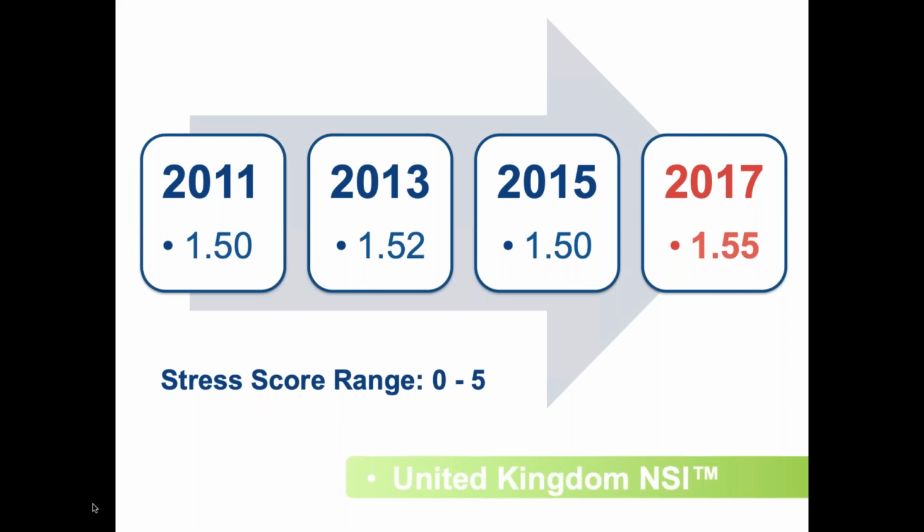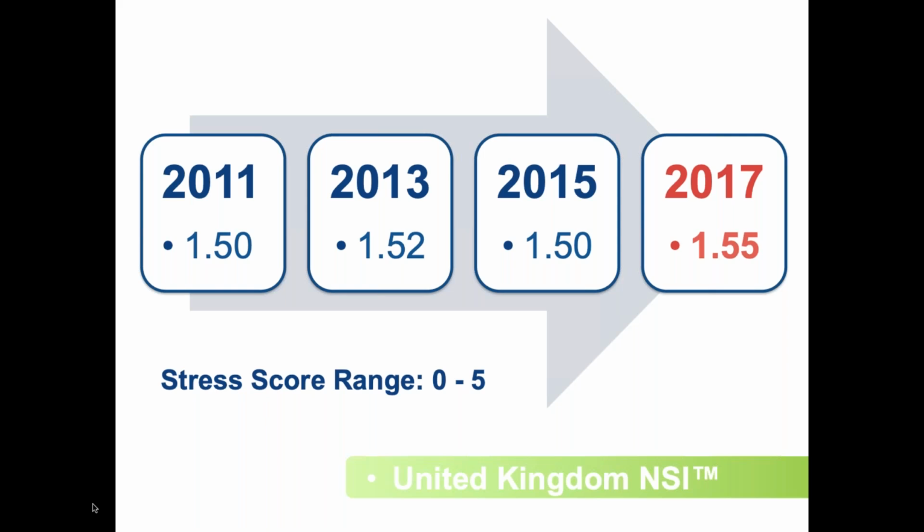Germany, which we would consider similar, also has a very similar NSI score for 2017 of 1.60. On the other hand, Poland is one of the countries that has a higher-end score.